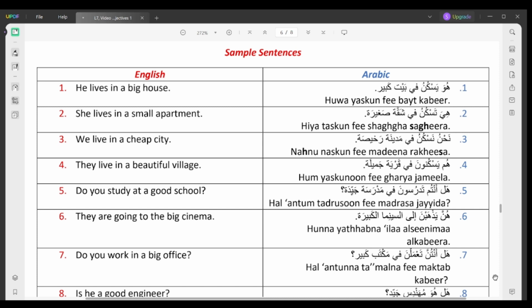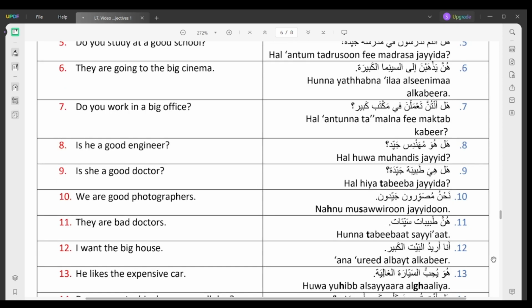Number 4, they live in a beautiful village. Number 5, do you study at a good school? Number 6, they are going to the big cinema.